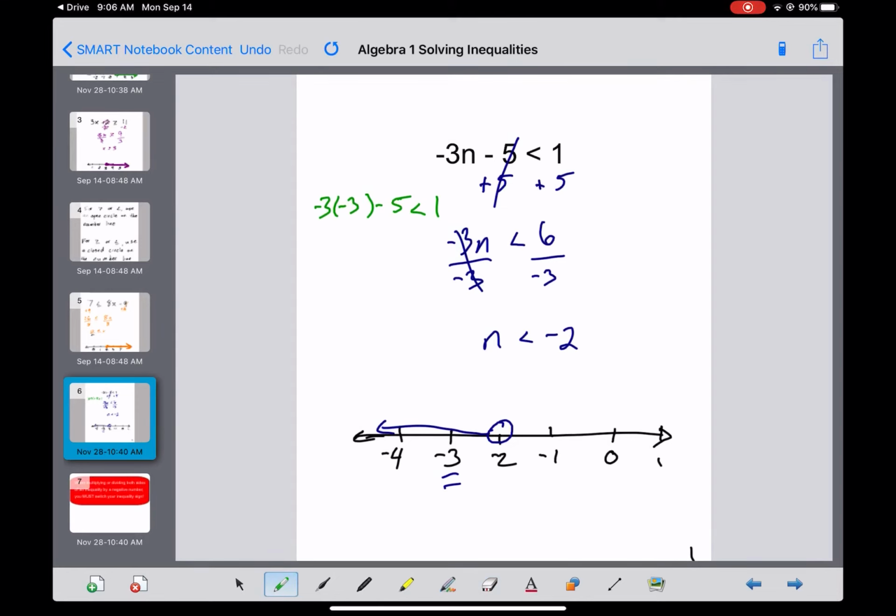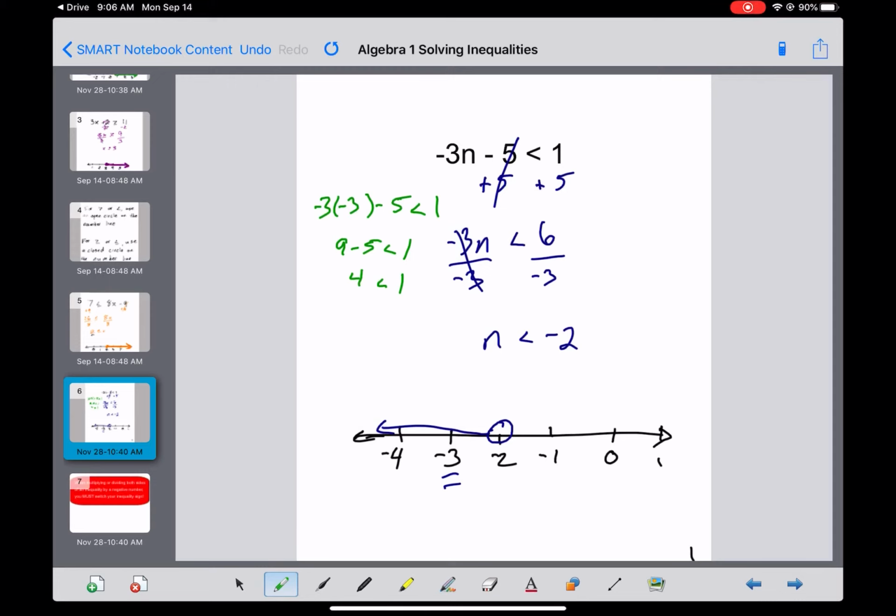Well, negative 3 times negative 3 is 9 minus 5. That's saying 4 is less than 1. That's actually not true. 4 is not less than 1. So even though we did everything correctly here, our solution that we got is actually not correct.